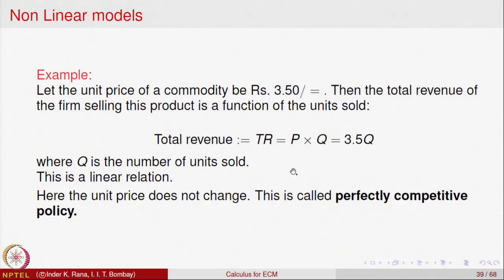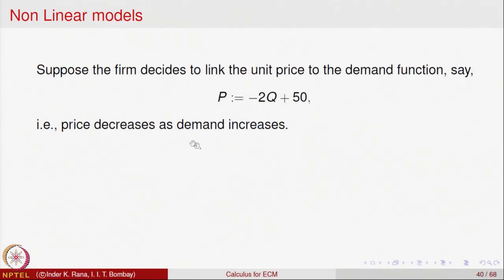Supposing this policy is changed, and suppose the firm decides to link the unit price to the demand function by a linear relation. So, P is equal to minus 2Q plus 50. So, the price is not fixed. It says depending on the demand our price will change. So, this is a variation in the price, but this is a linear equation.